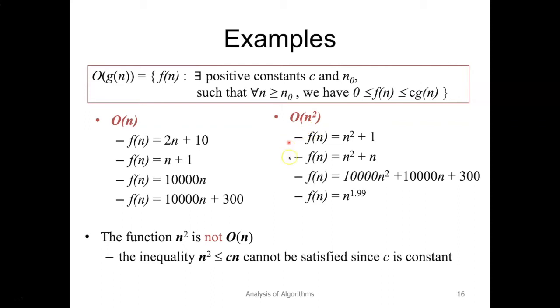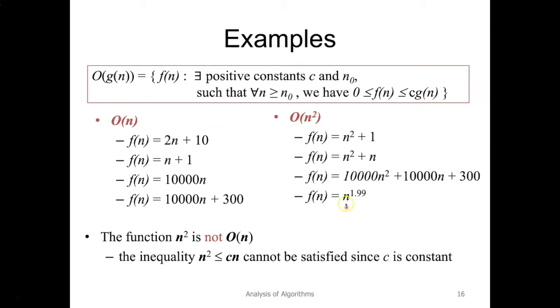Now everything on the right side here, these are all big O of n squared. These are quadratic functions. So if we have n squared plus n, this function is big O of n squared. n squared plus 1, this is also big O of n squared. All of these functions belong to the set big O of n squared.